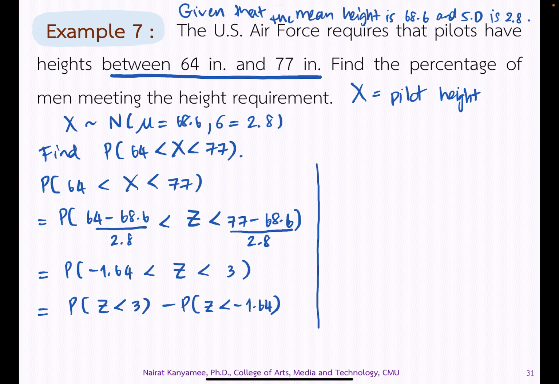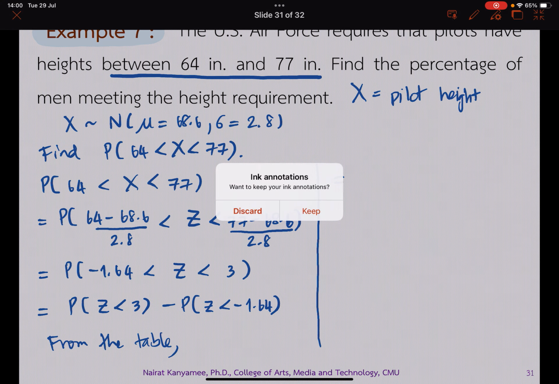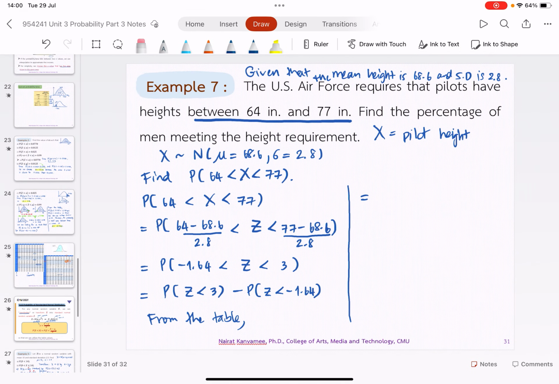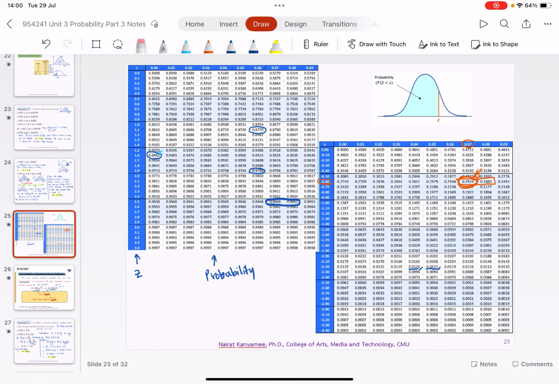Calculate the value out. Open up the table. From the table, z less than 3.0 is this value, and for minus 1.64, it is 0.0505.